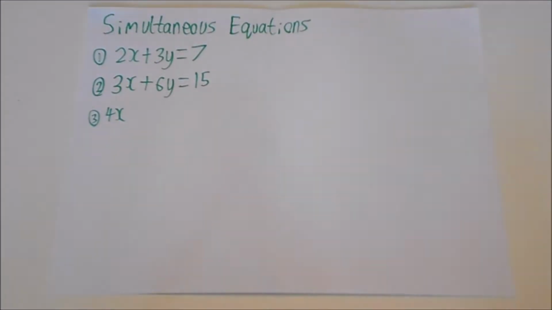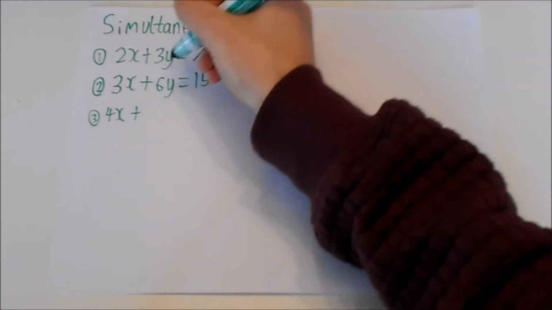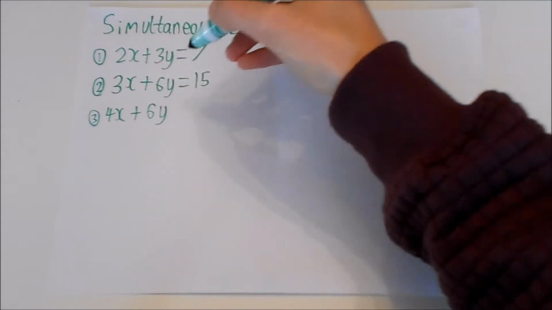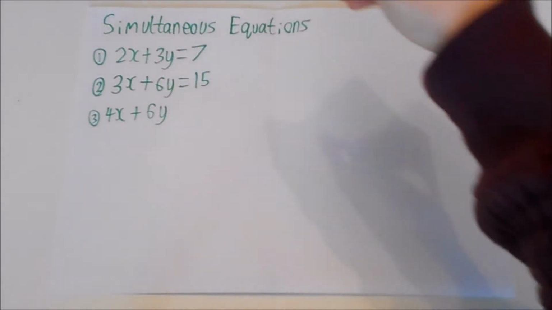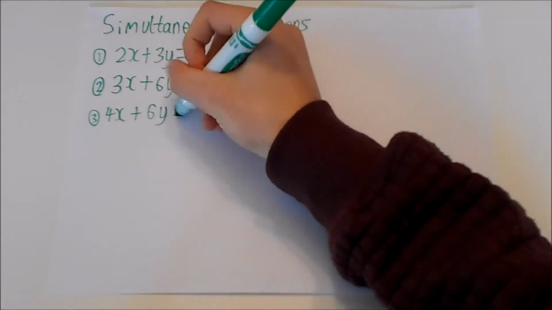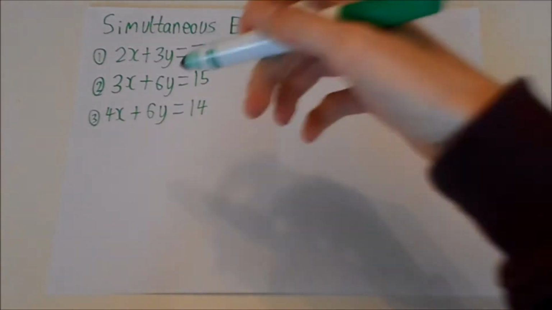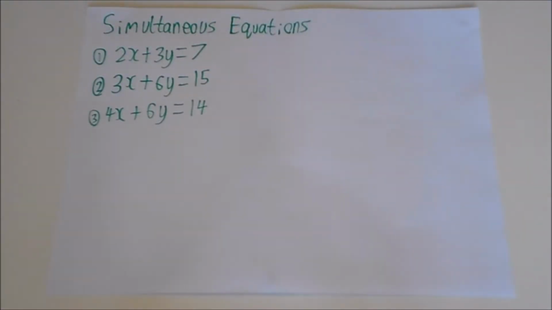And then 3y multiplied by 2 is 6y. So you can now see that both of these are the same. Don't forget to multiply the 7 on the end. So 7 multiplied by 2 is 14. So now you have these two equations, you need to solve them.